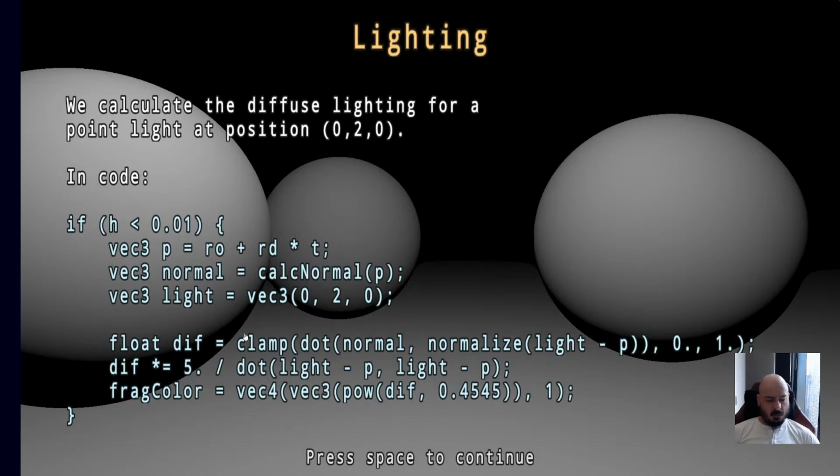Wait, what? That's confusing. Dot product of light minus P and light minus P, wouldn't that just be 1? Or 0? Oh no, it's 3D. Let me think. Yeah, I don't get that. I need to figure that out.